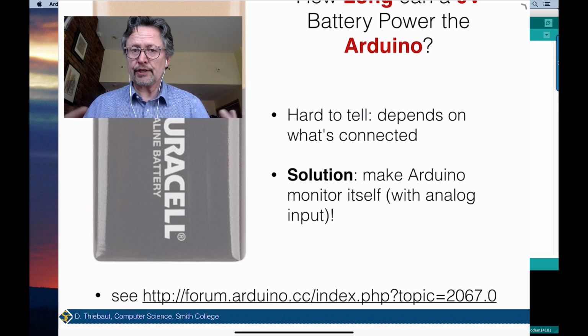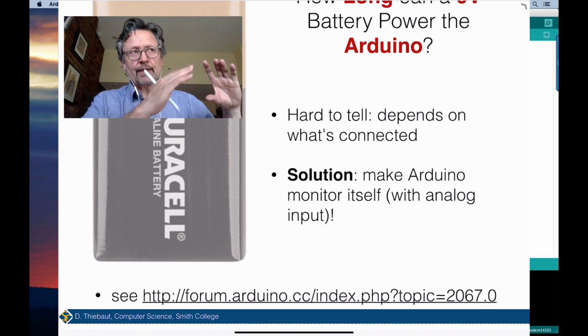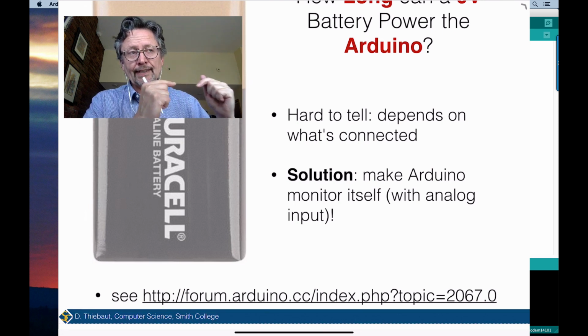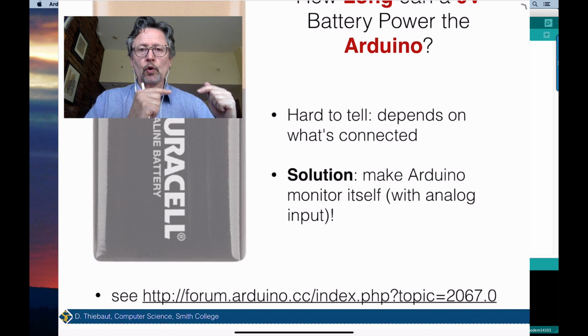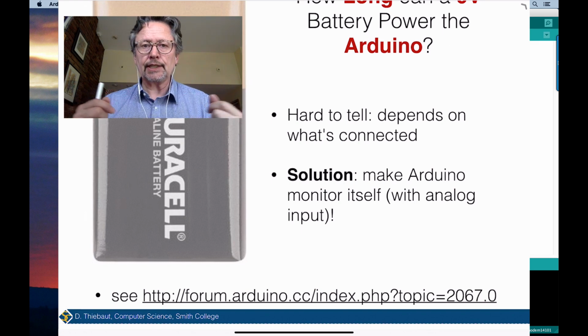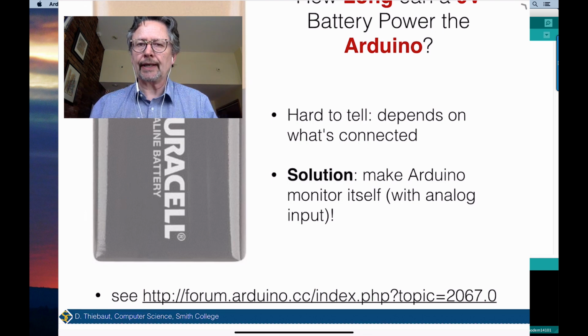One solution is to use an analog input pin to measure the 9 volt voltage, probably using a voltage divider and 2 resistors. When that 9 volt gets too low, we could have the Arduino turn on a red LED to indicate low power. So we don't really know the answer, but we can make the Arduino tell us, which is great.